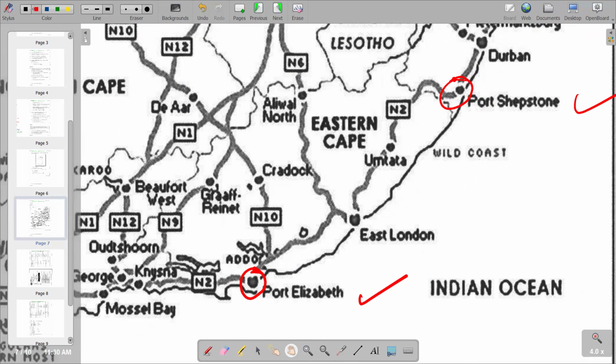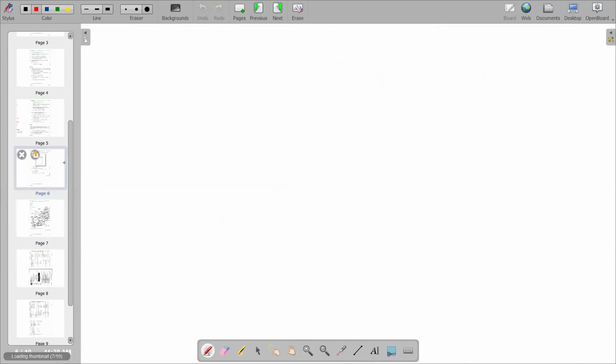The N2 is indicated here. So for question 2.1.1, we have N2 as our response.